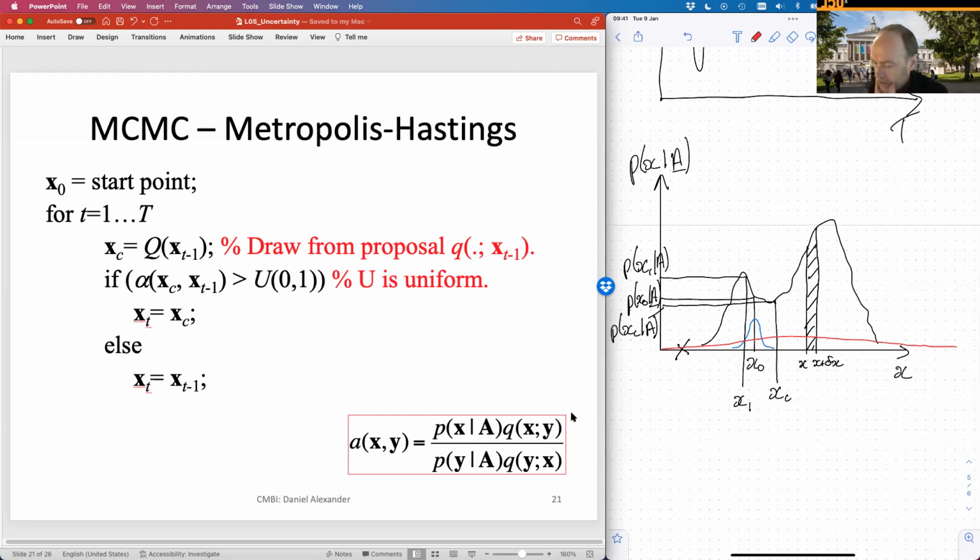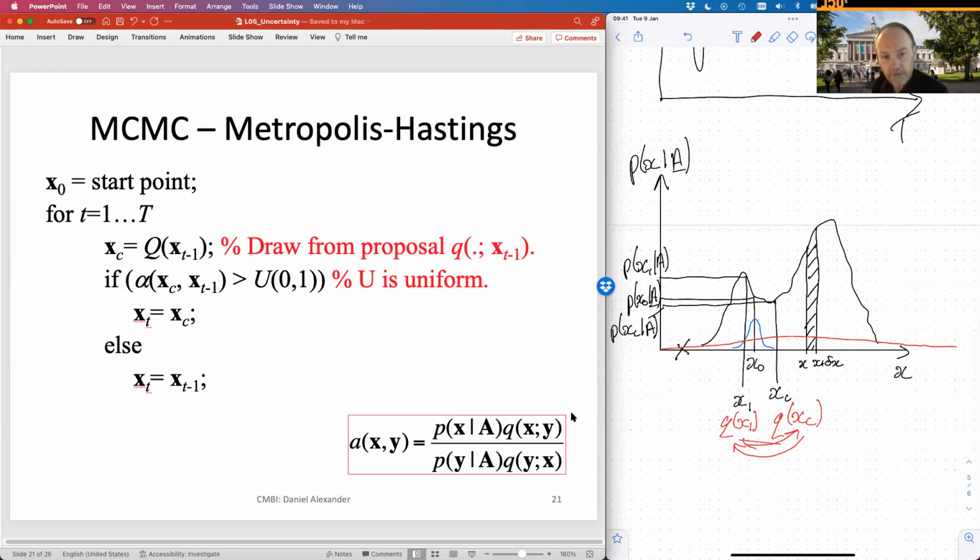But then, if we look at the difference between the proposal likelihood Q of XC here and Q of X1, those two things are different, aren't they? The likelihood of us jumping from X1 to XC is QC, but the likelihood of us jumping back again is Q1.